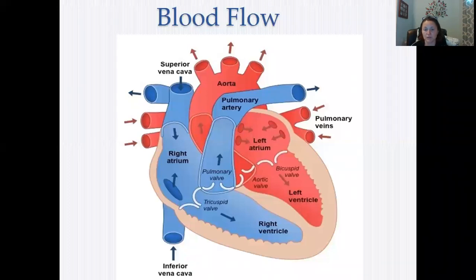And last thing, just reiterating, the blood flow and understanding how the blood flows to the heart is going to be imperative to being able to understand what's happening when you're reading an EKG. So remembering where the pathway of the blood, what carries blood to the body, what carries blood to the lungs, what's happening during systole, what's happening during diastole.